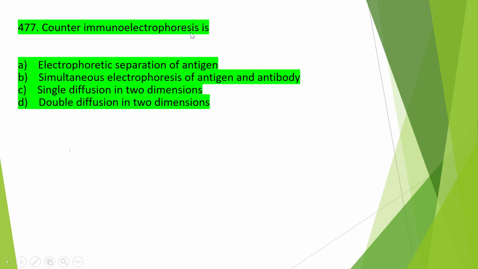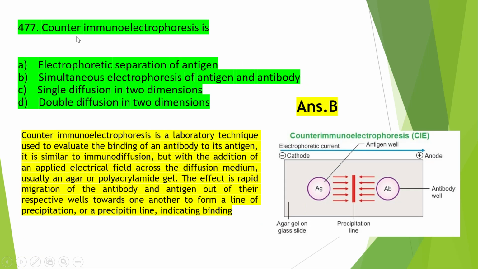Counter immunoelectrophoresis is: electrophoretic separation of antigen, or simultaneous electrophoresis of antigen and antibody, or single diffusion in two dimensions, or double diffusion in two dimensions. The right answer is option B, simultaneous electrophoresis of antigen and antibody. Counter immunoelectrophoresis is a laboratory technique used to evaluate the binding of an antibody to its antigen.